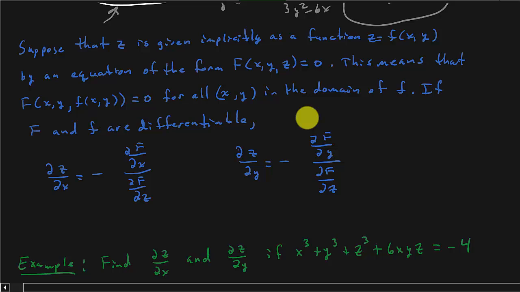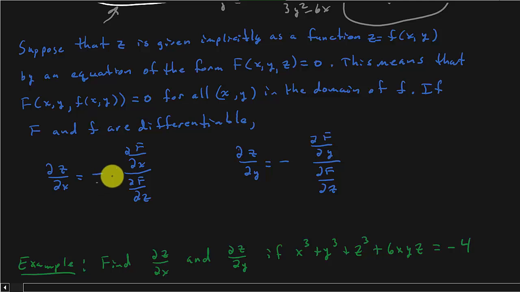If big F and little f are differentiable, then the partial of z with respect to x is equal to negative the partial of F with respect to x over the partial of F with respect to z. And then the partial of z with respect to y is negative partial F with respect to y over partial F with respect to z. I don't know if I said the negative for the first one, but it is negative.